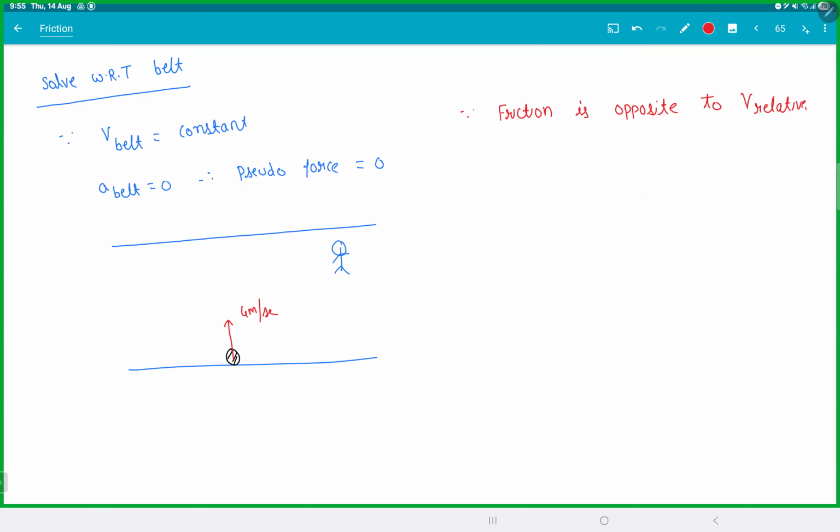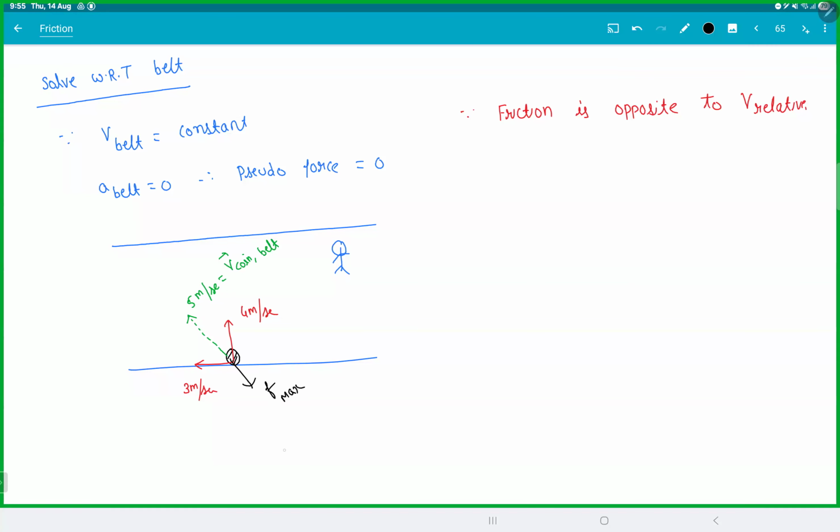Remember, the belt is going to the right side. So now you'll think the coin is also going backward with 3 meters per second. So in your perspective, the coin is actually going with 5 meters per second. This is the velocity of the coin with respect to the belt. That means the friction should also act opposite to the velocity, F max.